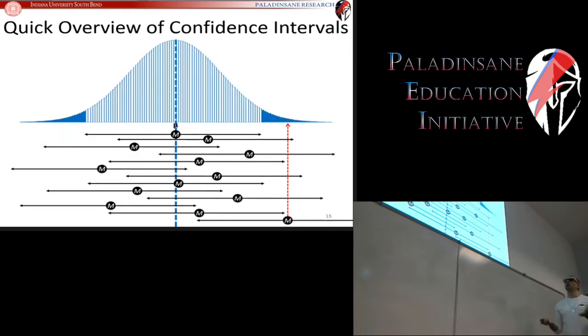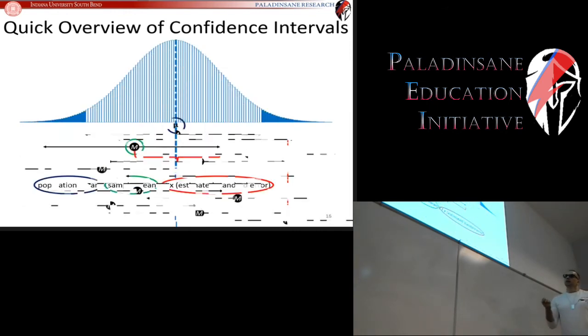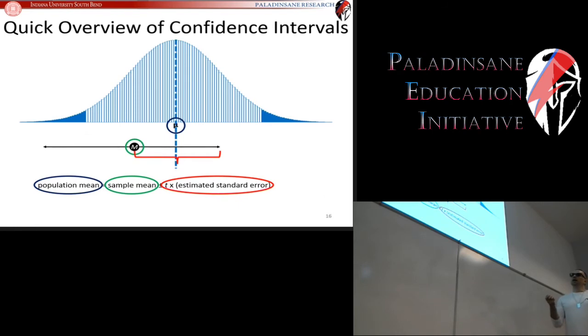Most people, when they report a confidence interval, will say that the thing that you're trying to estimate, the population mean, equals something plus or minus some amount of wiggle room, some amount of error. And that is this format right here. So we want to figure out what it is that we're estimating, that population mean. We want to have that equal to the sample mean, or the best guess, your point estimate, the center of your distribution, your interval, plus or minus some interval here.